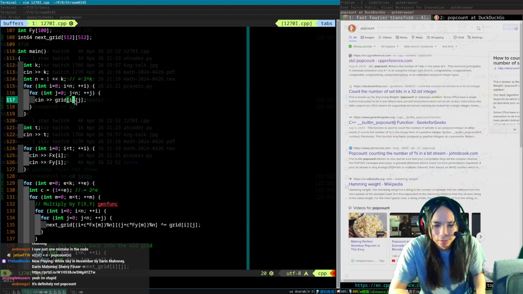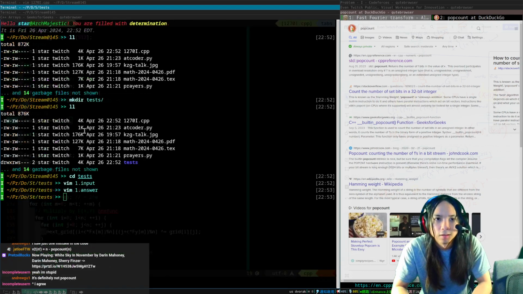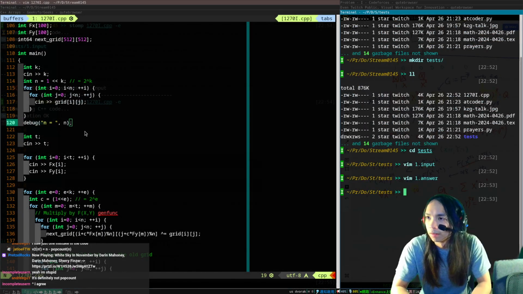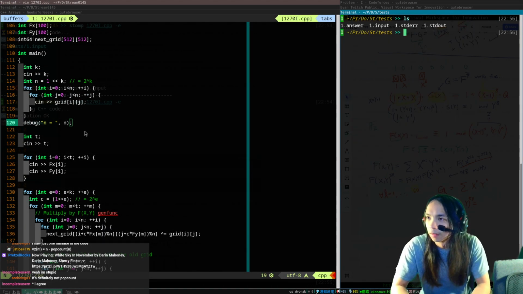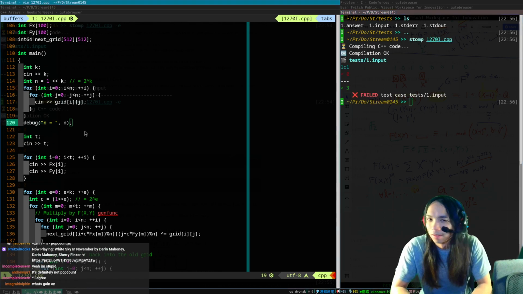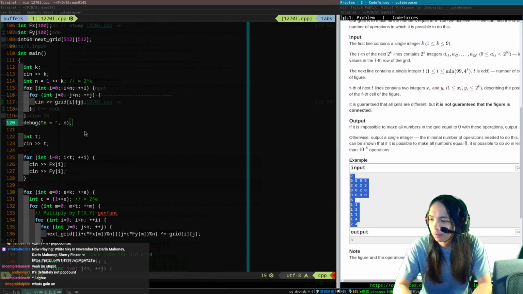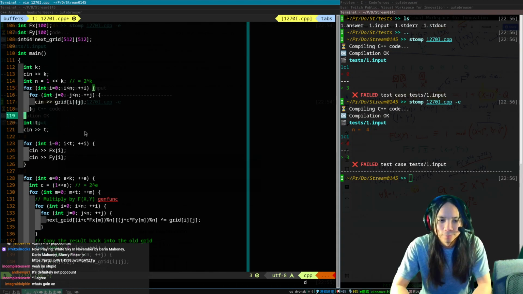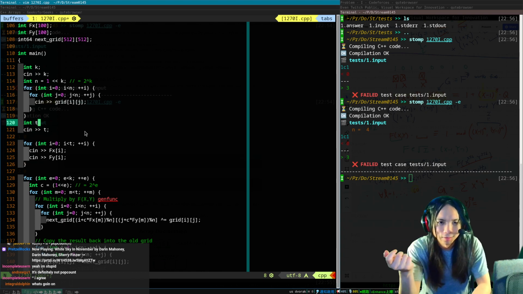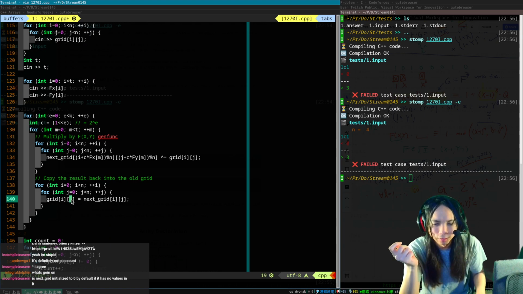C in, grid I plus C. N equals 4. Yes, I agree. So N is there, yeah. How is it that everything in the grid ended up turning into 0?